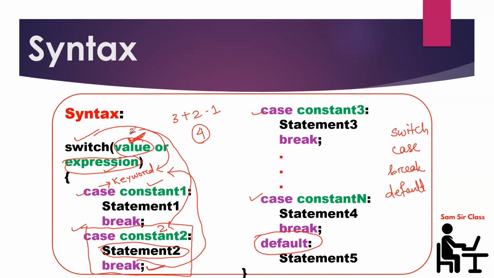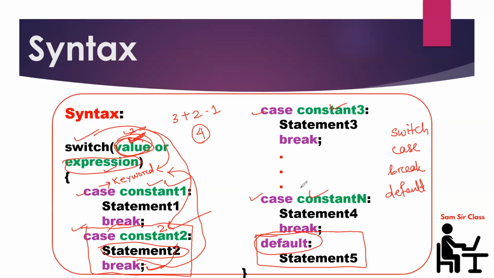Whenever you pass any value in the switch case, the corresponding case constant will be matched, and that particular block will be executed. After that, because of the break keyword, the control will come out of the switch case. But if none of the constants match your switch value, then the default block will be executed.